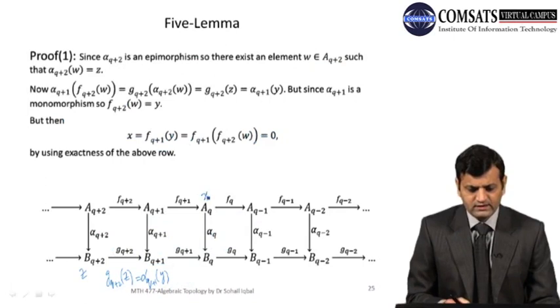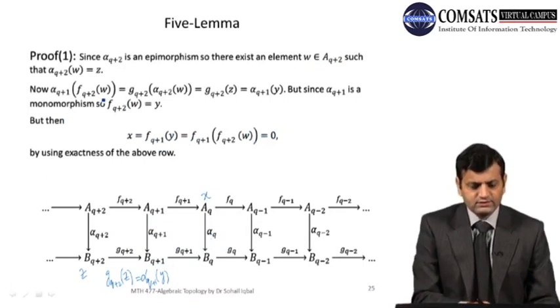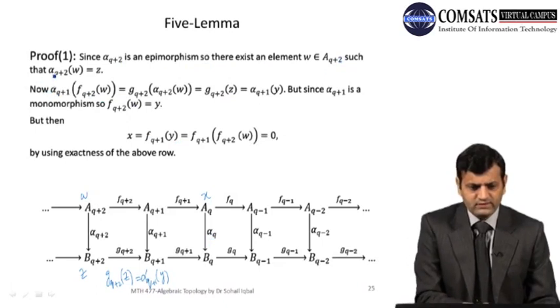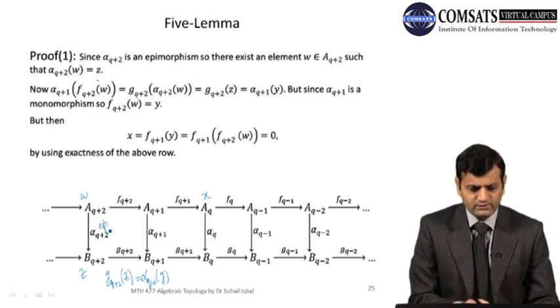Alpha_{q+2} is an epimorphism, so there exists an element w in A_{q+2} such that alpha_{q+2} of w is equal to z, since this is an epimorphism. So we are just using the assumption. So this z is equal to alpha_{q+2} of w.